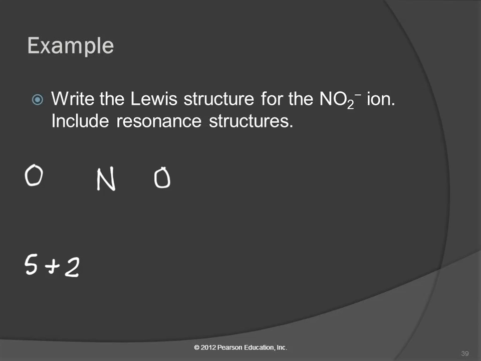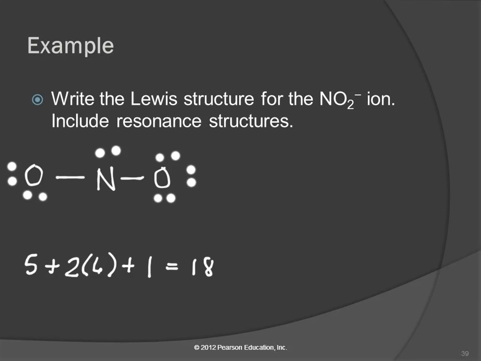And we have 2 oxygens, and they each have 6. And the charge is -1, so we add an electron. So we've got 18. So we'll put a single bond here and a single bond there. That's 2, 4, 6, 8, 10, 12, 14, 16, 18.